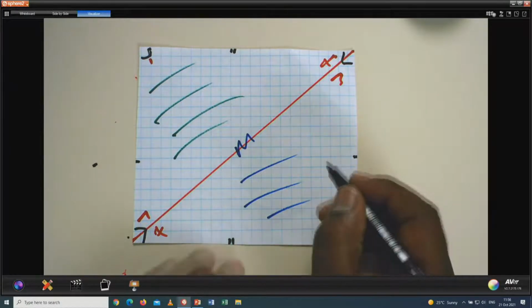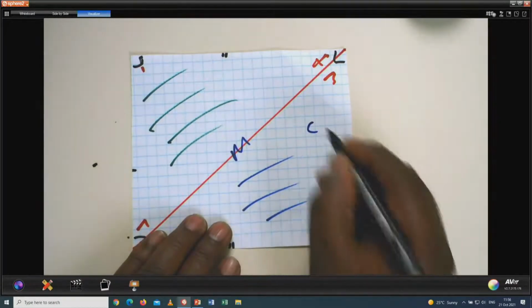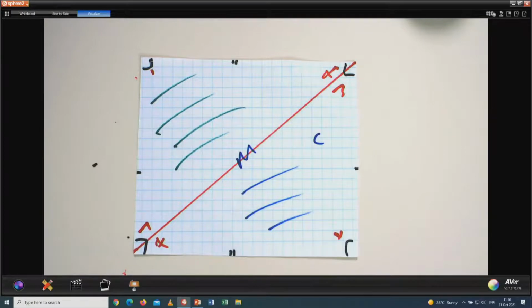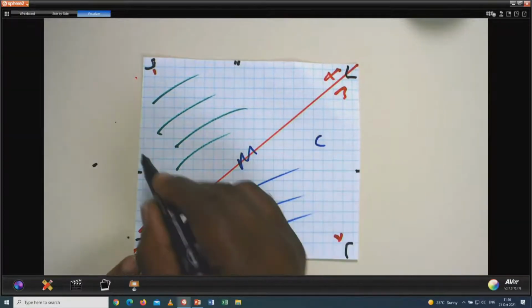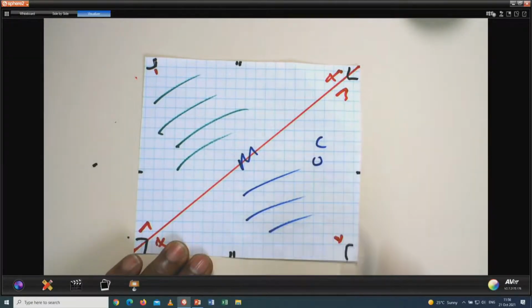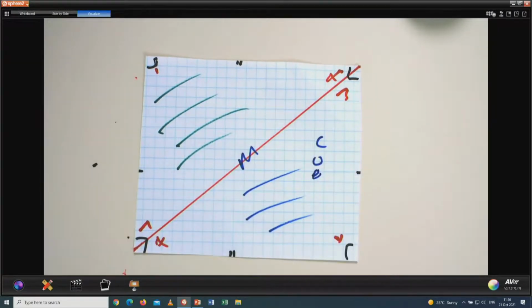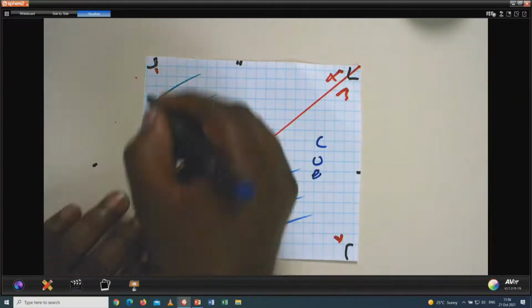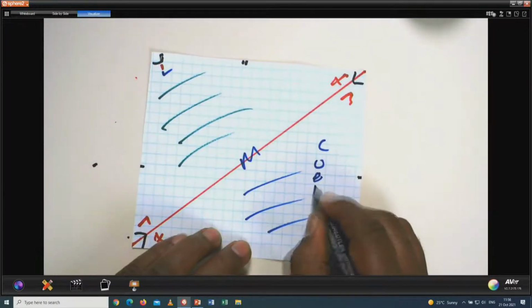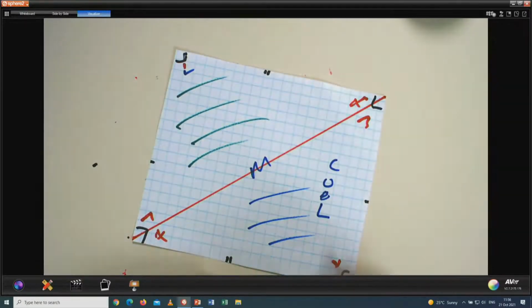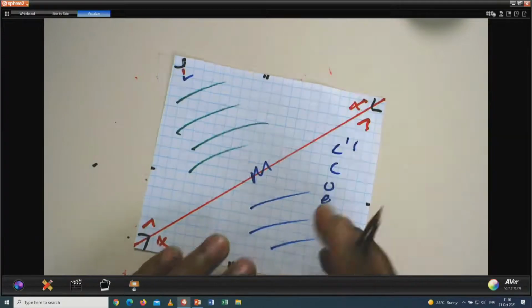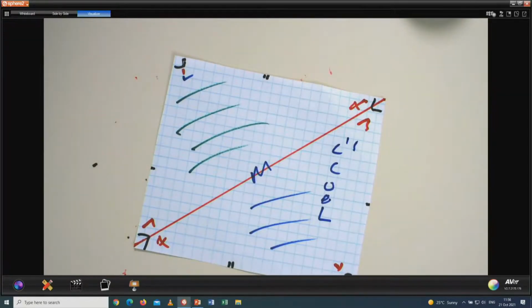So they've got the common side. They've got opposite sides equal. They also have those opposite sides equal. They also have 90 degrees equal. They also have alternate angles equal. So they are equal in all respects.